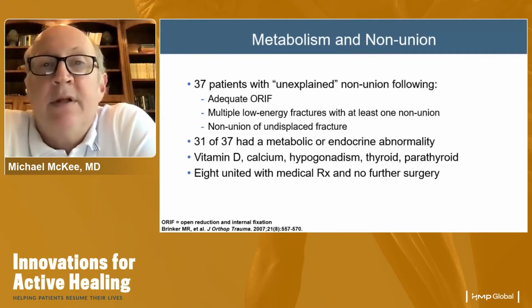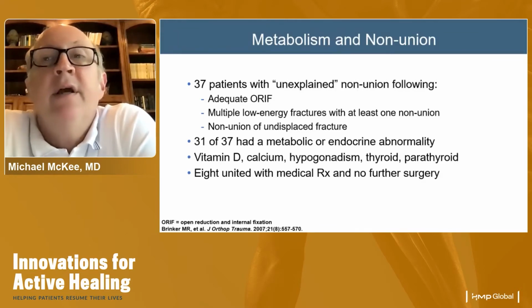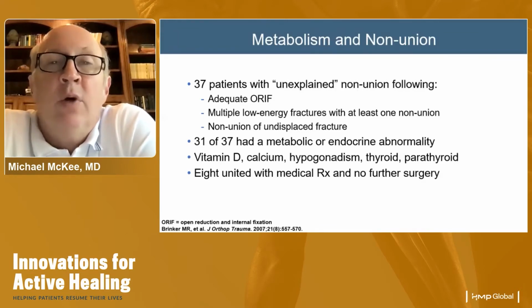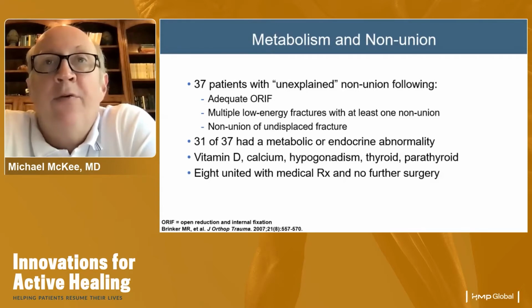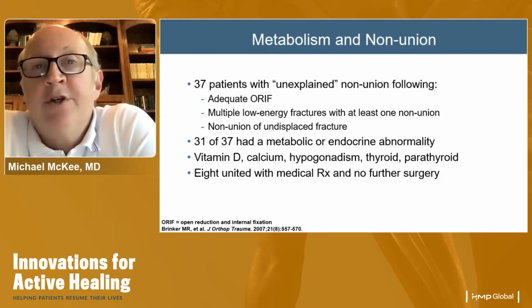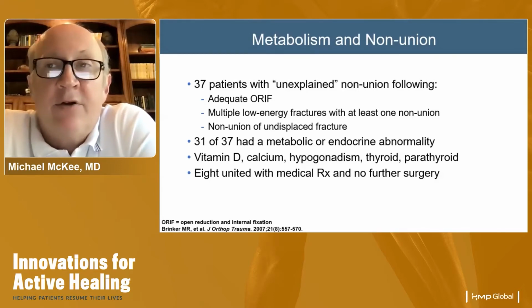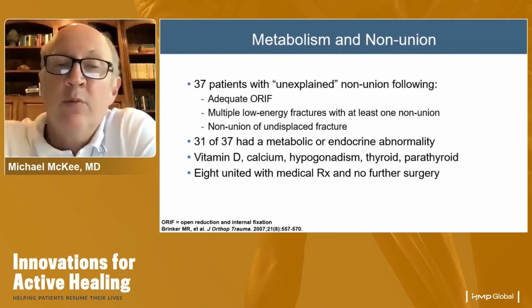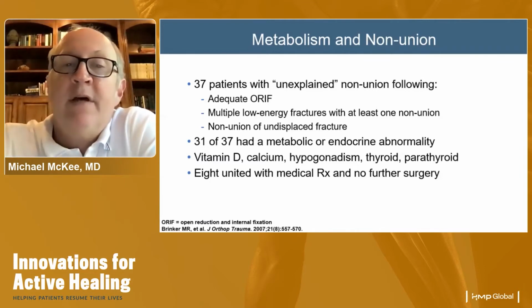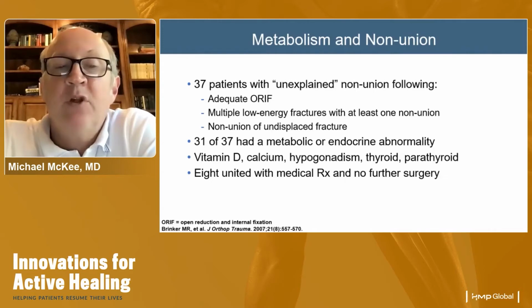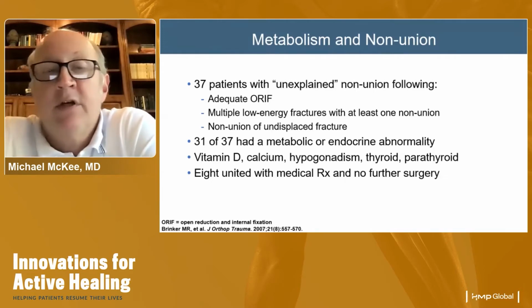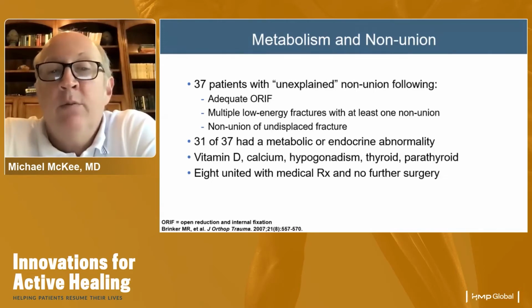But that's certainly something that you have to address and treat before you want to have a surgical intervention on the non-union. And certainly the treatment of her hypothyroidism was an important thing to initiate before we attempted any surgery, for a variety of reasons. So the more you look for some kind of metabolic or endocrine abnormality, the more likely we are to find it. And the obvious ones for us, of course, are the vitamin D related ones, but all these other issues can be there as well.